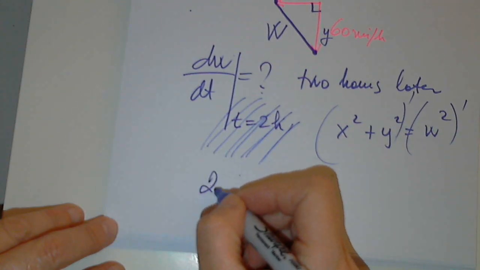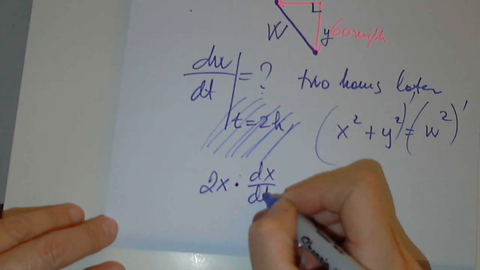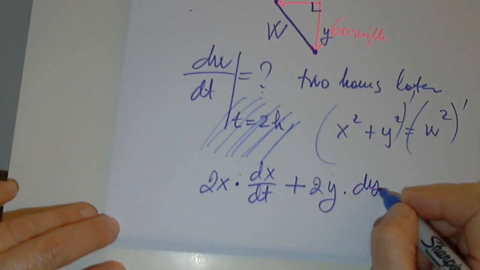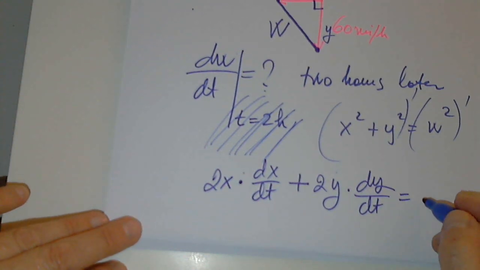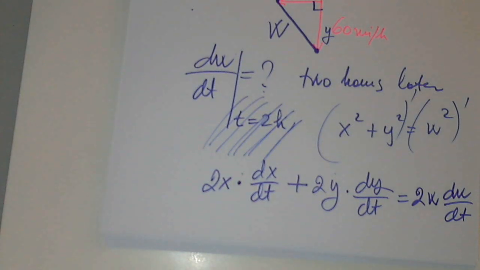So that's 2x times dx dt, excellent, plus 2y dy dt, excellent, equals 2w dw dt. Excellent. So please solve for dw over dt after you simplify both sides by 2, get rid of those constants. And then we'll take it from here on Thursday and finish it up to calculate dw over dt.